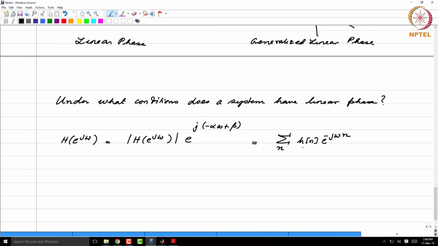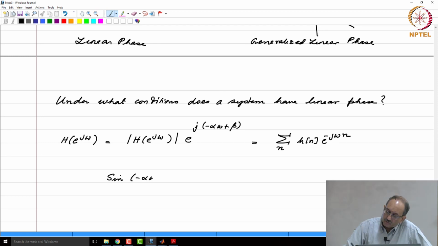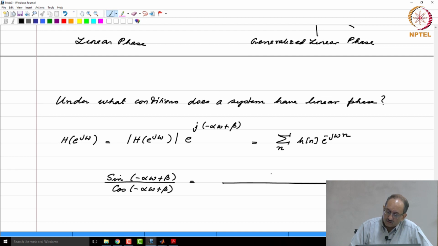Now, let us equate the tangent of the angle on both sides, right. So, this will be sine of minus alpha omega plus beta by cos of minus alpha omega plus beta. So, this is the tangent of the angle on the left hand side. This of course is minus sum over all n h of n sin omega n, and this is sum over all n h of n cos omega n.